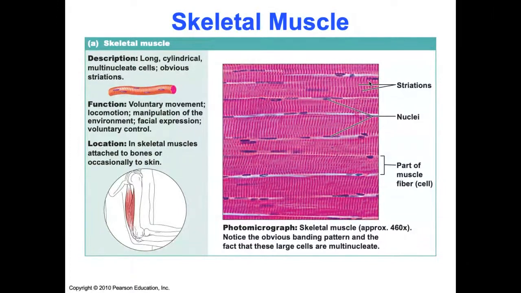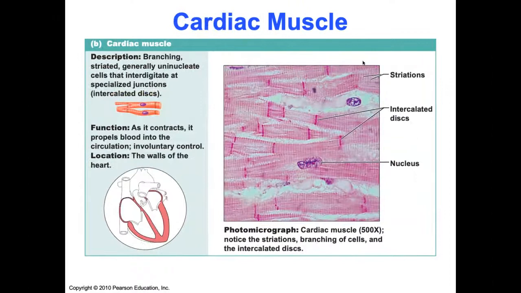They are thin and thick, meaning when light passes through these two different proteins, it gives a dark and light type of appearance called striations. So skeletal muscle is known as striated muscle, but so is cardiac muscle. Cardiac muscle also has these striations.